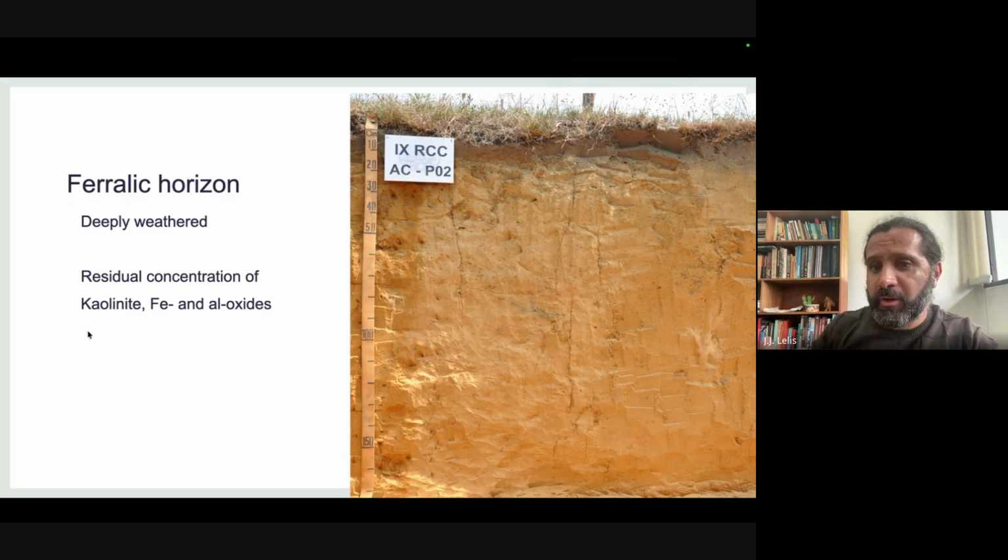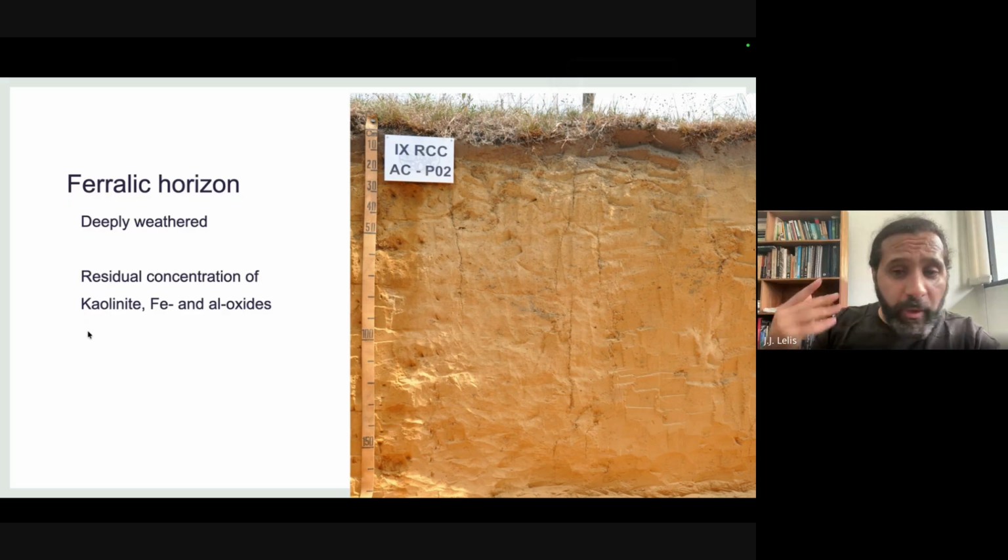Because iron cannot be easily leached, the content of goethite and hematite increases, because all other minerals were intensively destroyed. Okay, so deep weathering and leaching destroyed all the other minerals and created a ferralic horizon.